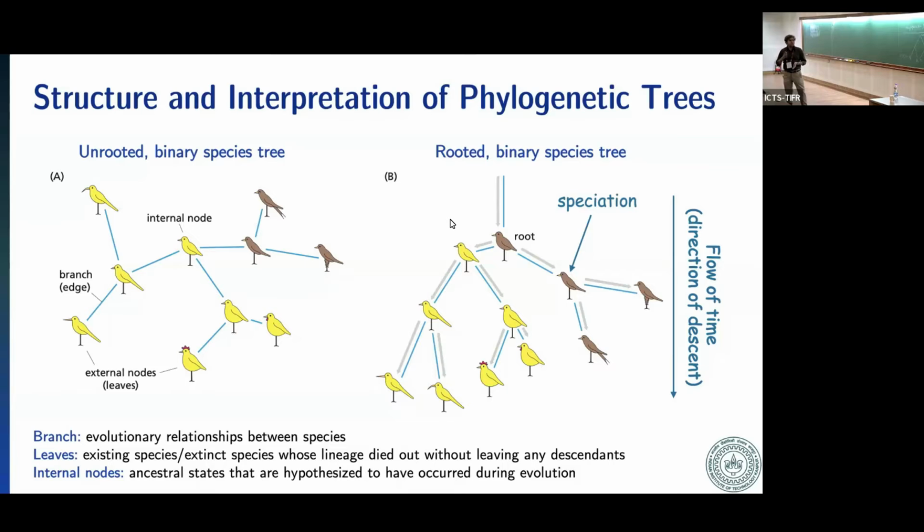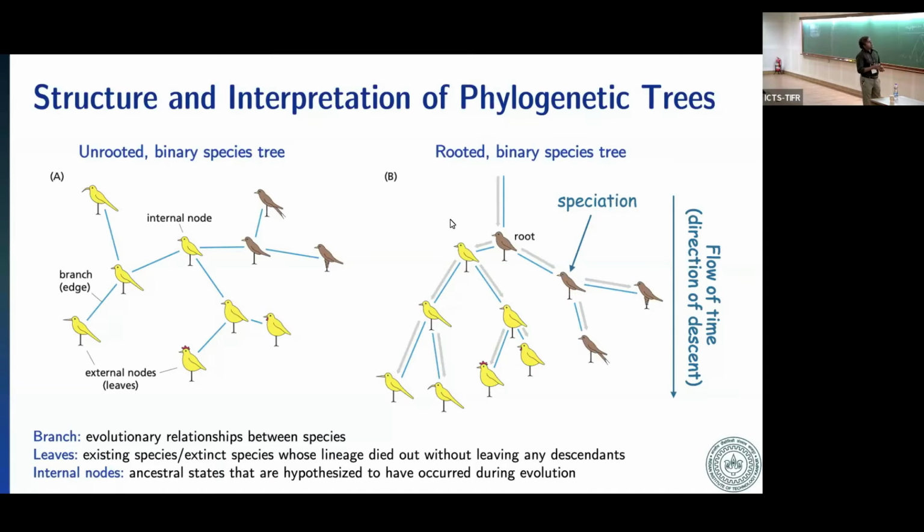Now some of these may be extinct as well, though in most cases they are actually existing species. But in some particular examples, you may have species which have really become extinct, but maybe you have some traces of the DNA or something.